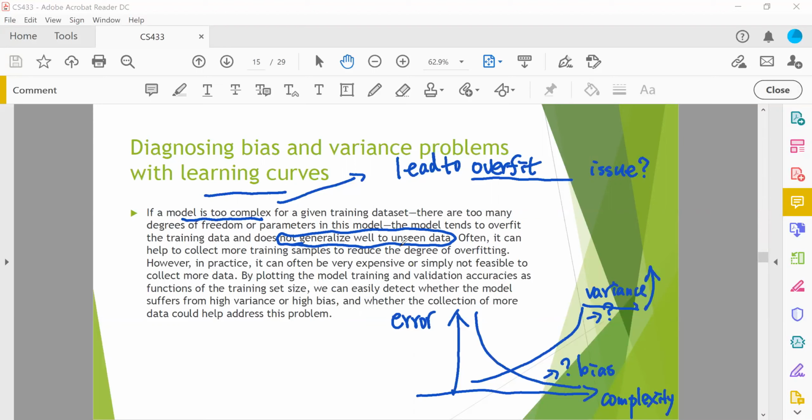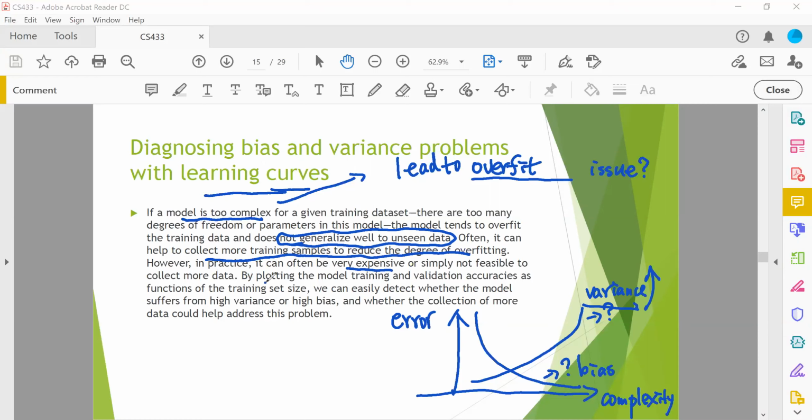One way to approach this is to collect more training samples to reduce the degree of overfitting. But in reality, it may be more expensive to collect more data. So there is another way. Here we set a curve.